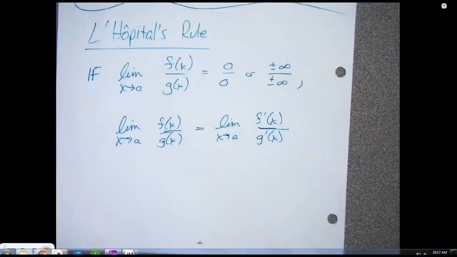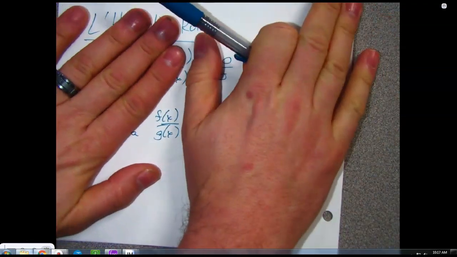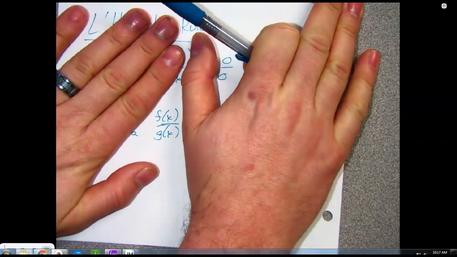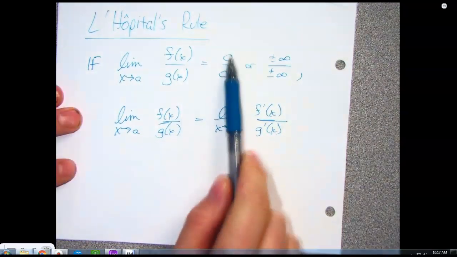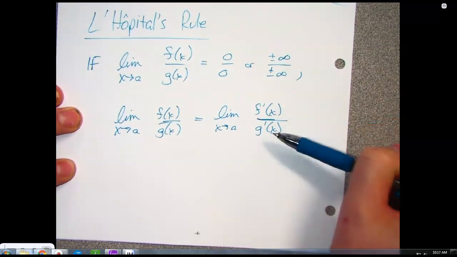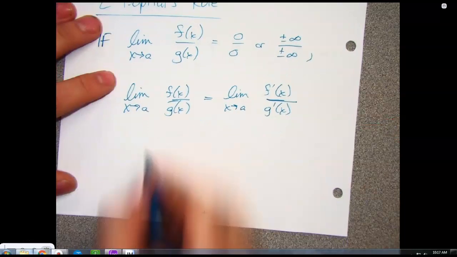Now, you're kind of taking the derivative, but you're not taking the derivative of f over g, because if I said take the derivative of that, what would you have to use? You'd have to use quotient rule, and this is not quotient rule. This is if I take the limit, and it comes out to one of these two forms, I can take the derivative of the top separately, take the derivative of the bottom, and try to plug in again. And sometimes you'll have to repeat.